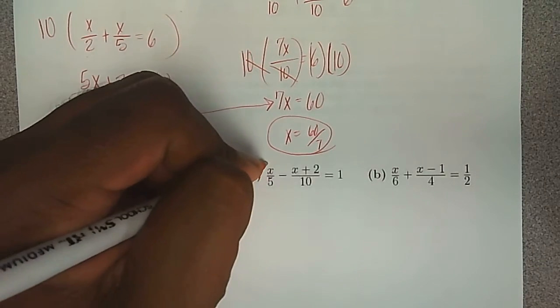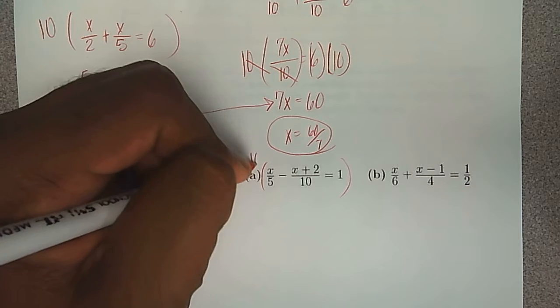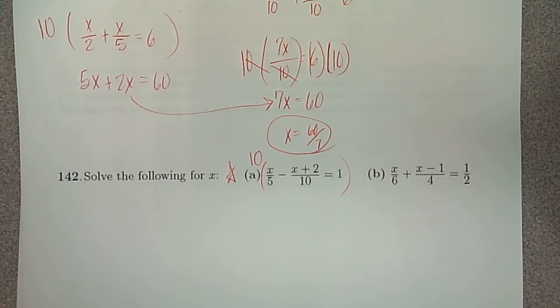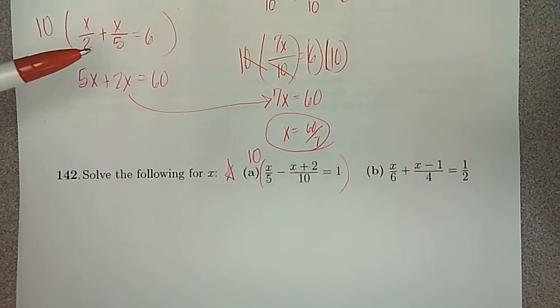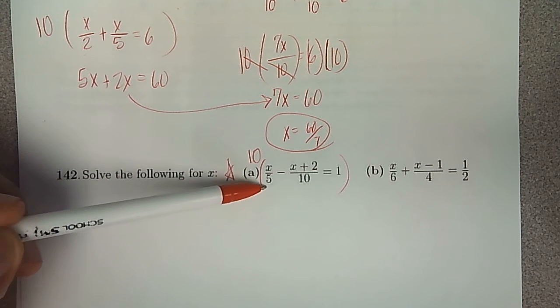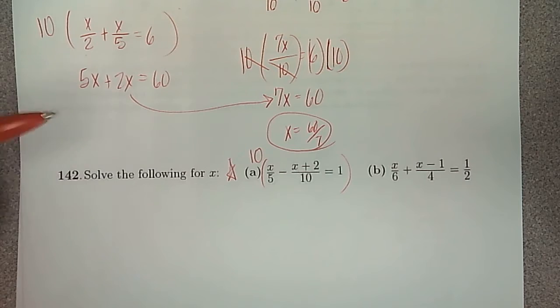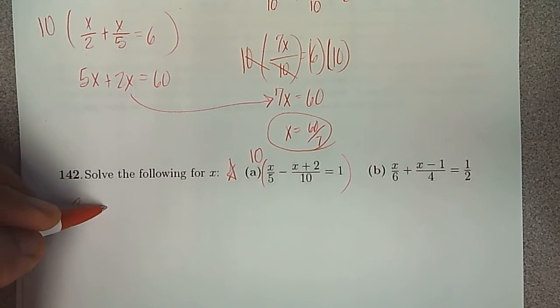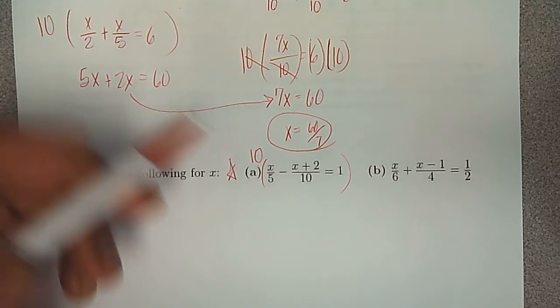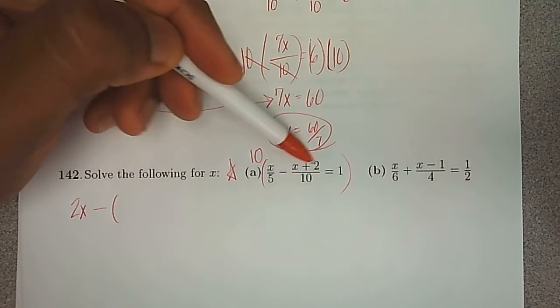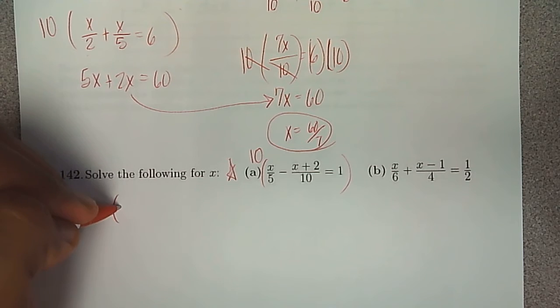So for example, on this one, I'm multiplying everything by 10 so I can clear the fraction. I have to pick a number that is divisible by both denominators for this to work. So 10 divided by 5 is 2, giving 2x, minus 10 divided by 10. Everything in that numerator has to stay together.